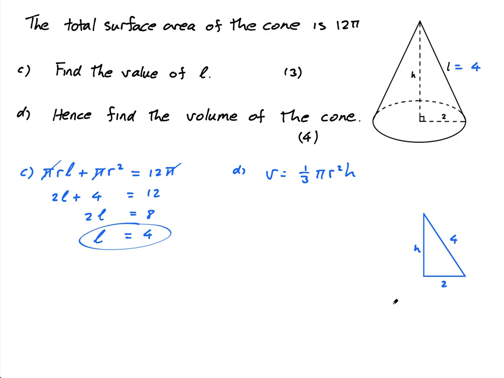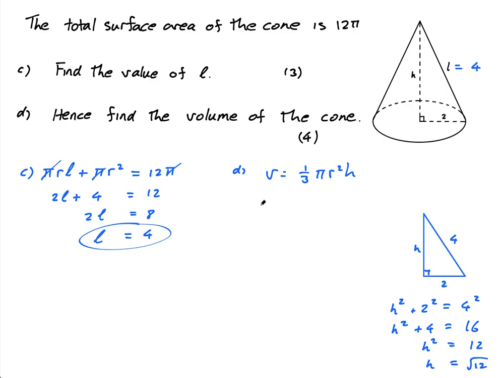I can say, this is Pythagoras' theorem, h squared plus 2 squared equals 4 squared, h squared plus 4 equals 16, h squared equals 16 minus 4, which is 12, h is equal to root 12, and it's obviously positive because it's a height.